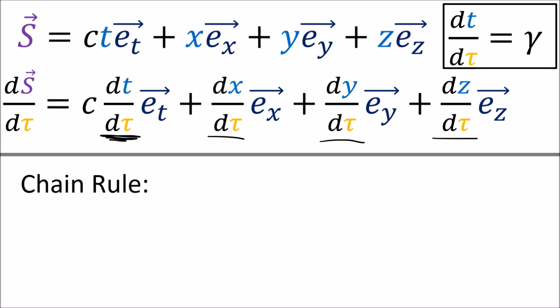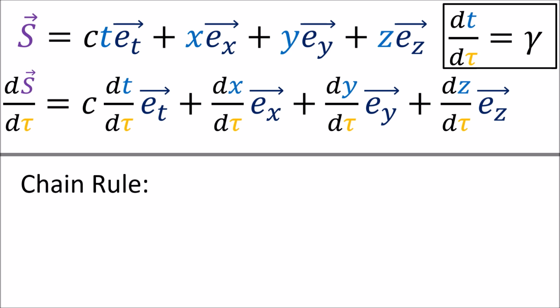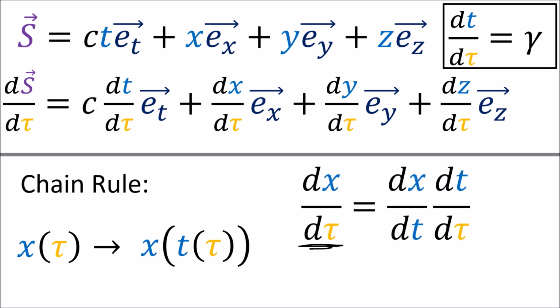Well, if we recall the chain rule from calculus, if we have nested functions where t is a function of tau and f is a function of t, we can calculate the derivative df by d tau by multiplying df by dt and dt by d tau. As an example, we can consider x of tau to be a nested function x of t of tau. We can then turn dx by d tau into dx by dt times dt by d tau.